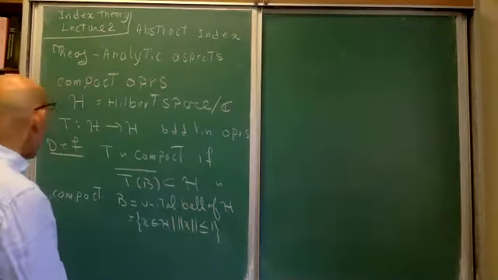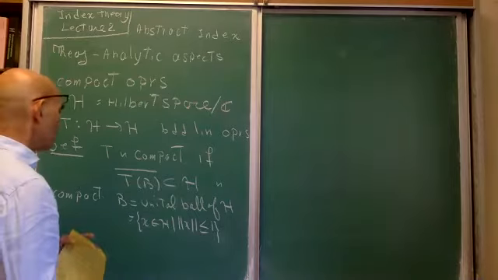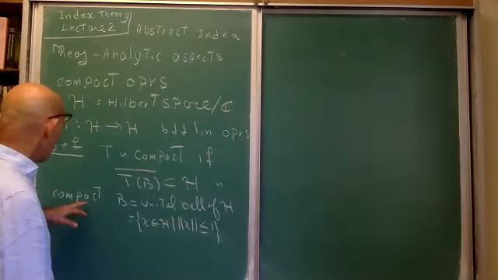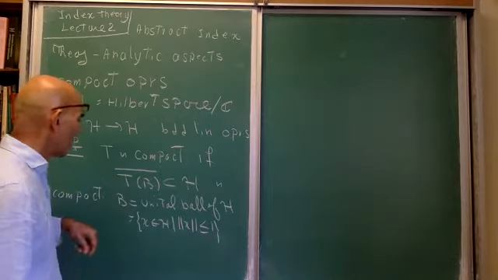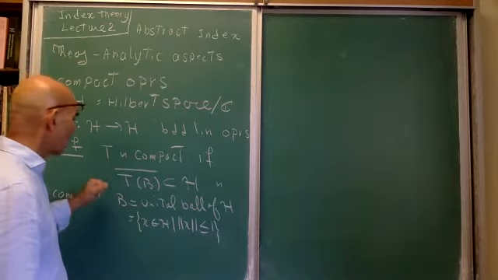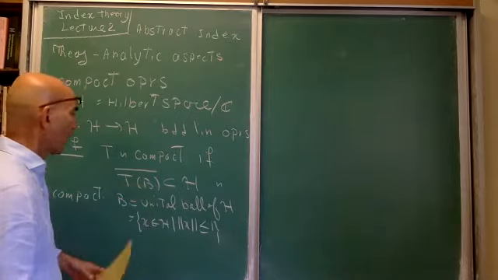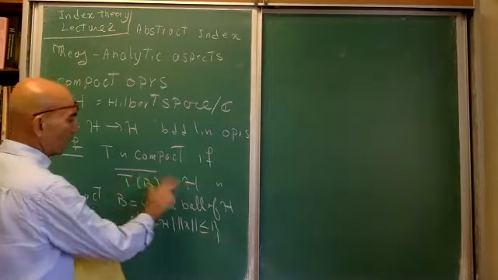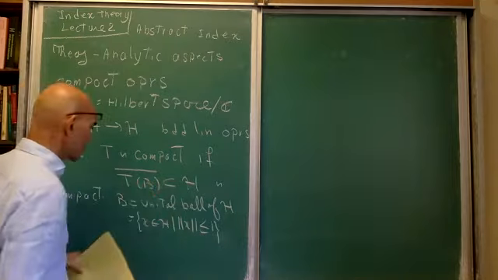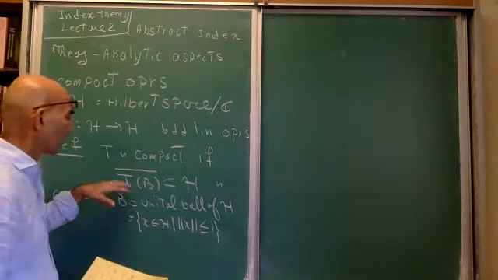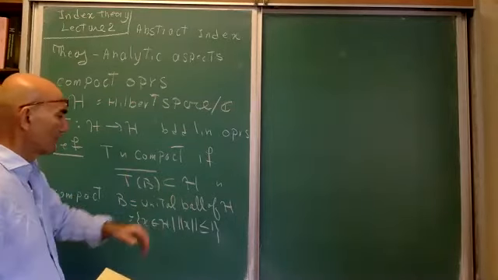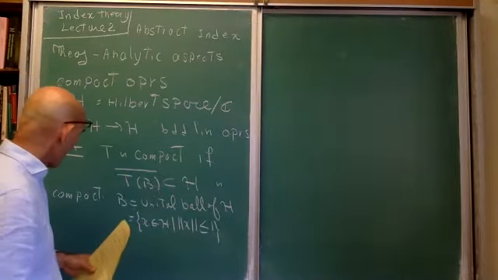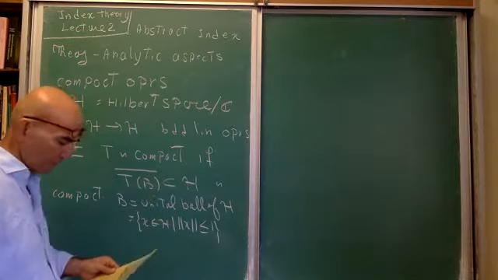The definition says that the image of the unit ball may not be compact, but its closure is compact, and everything here is in the norm topology. When I don't say anything else, closure and topology refer to the norm topology on H. So this is the definition.